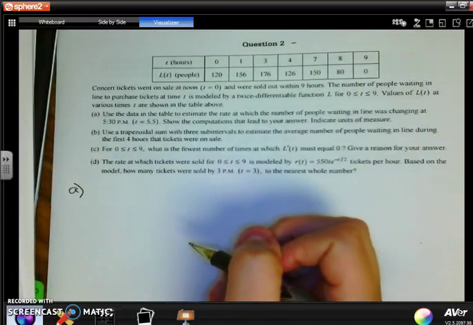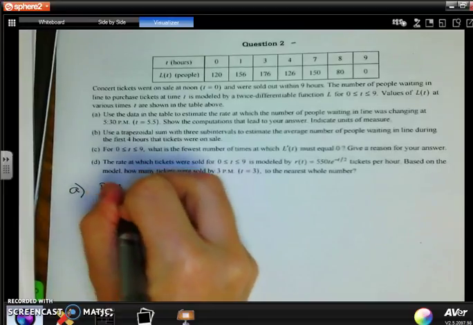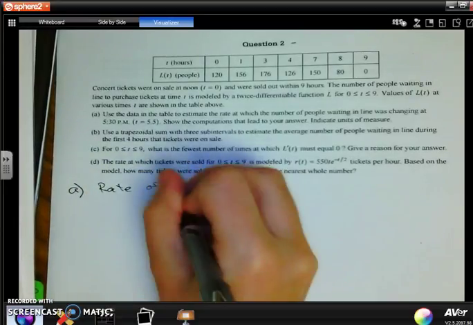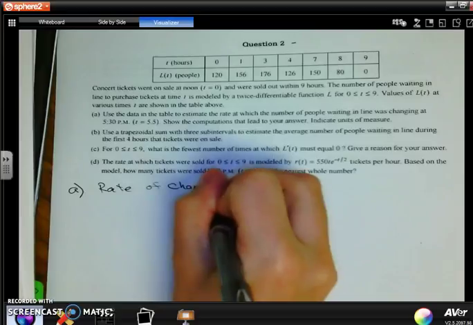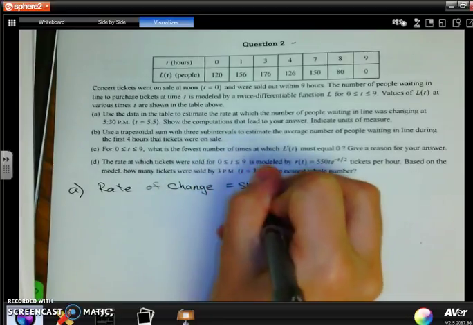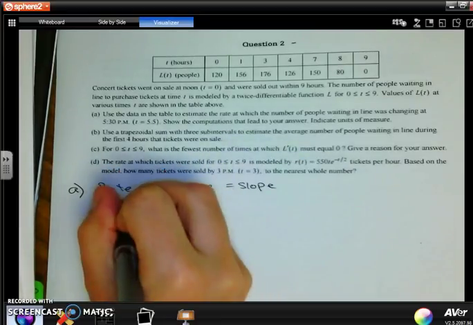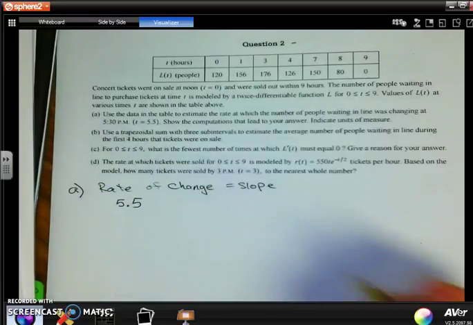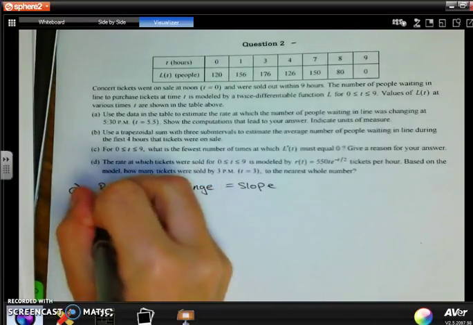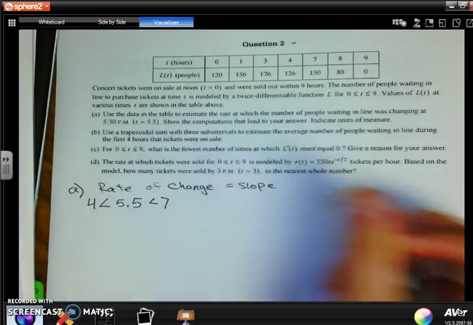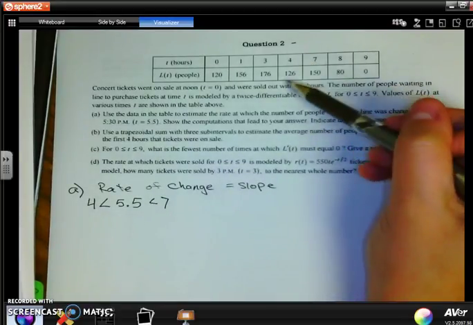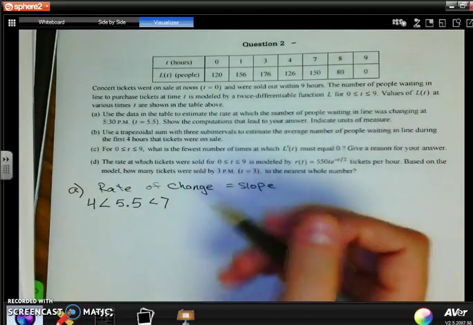So for part A, rate of change equals slope. I'm also just going to make a note that 5.5 is between 4 and 7. So I'm going to use this point and this point from the table.